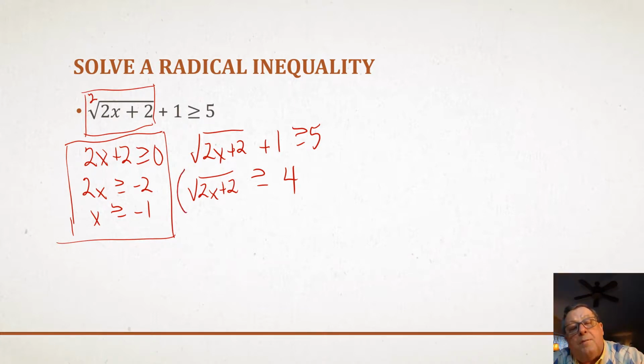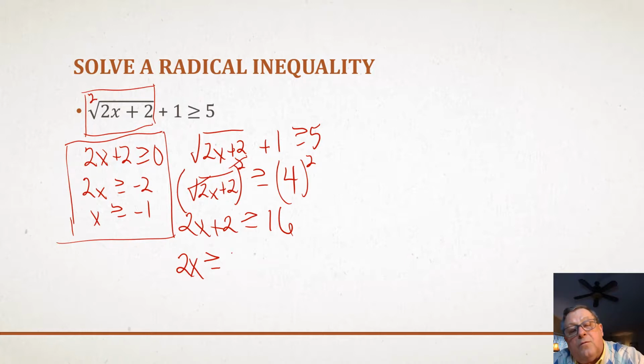Then we're going to square both sides of this inequality to get rid of the square root, leaving me with 2x plus 2 greater than or equal to, and 4 squared is 16. And now we're going to subtract 2 from both sides, so we got 2x is greater than or equal to 14, and divide by 2 so that x, second test point, being greater than or equal to 7.